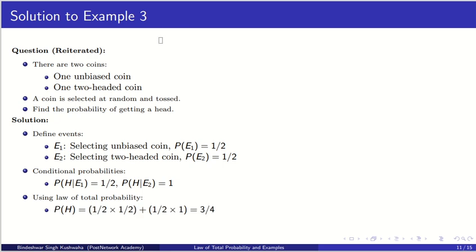Here understand, two-headed coin means both sides we have head. That's why it is 3 upon 4. Otherwise, if it is the unbiased coin, it has a single side head, so that would be 1 upon 2.